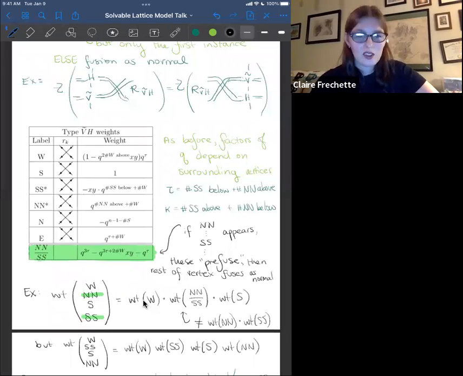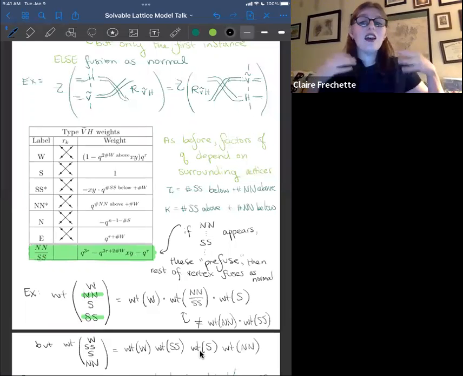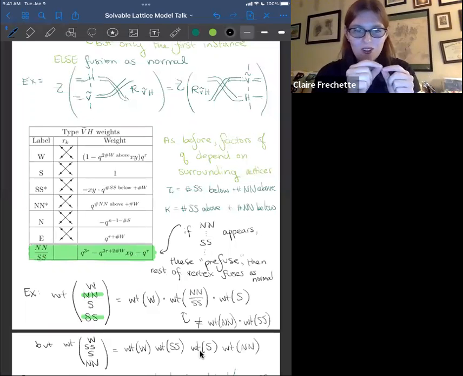And then the three of these pieces fuse together. Whereas if they had showed up in the other order, they wouldn't have fused together at all. I would have had normal fusion, multiplying of weights. And if an additional instance had showed up, say I'd had another north-north and south-south vertex, only the first copy would have fused together.